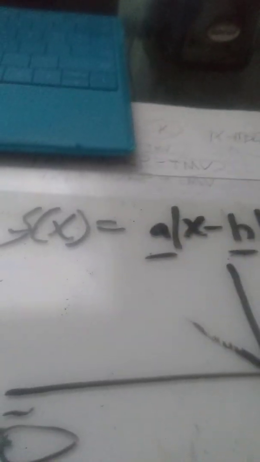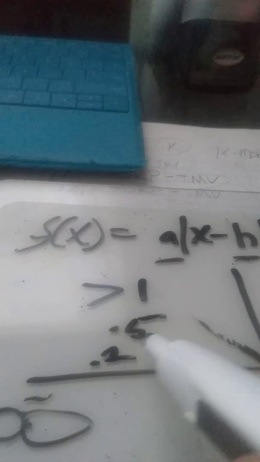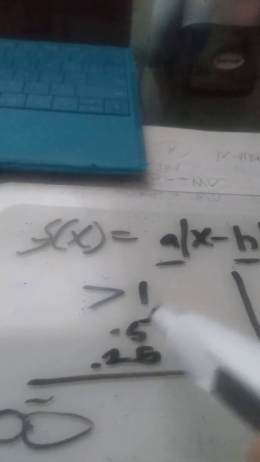Now with A, if it's a number that's less than 1, like 0.5, 0.25, 25%, 1/4, then it means it's fatter, it's more gordo. So the V gets fatter.